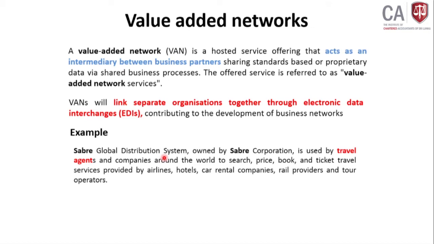So, the travel agency system is linked with that system of the other company. So, that information will be fetched into this system. So, that system which we have connected is adding a value to our network. So, that is called value added network.